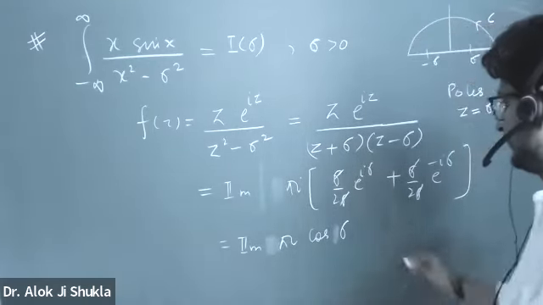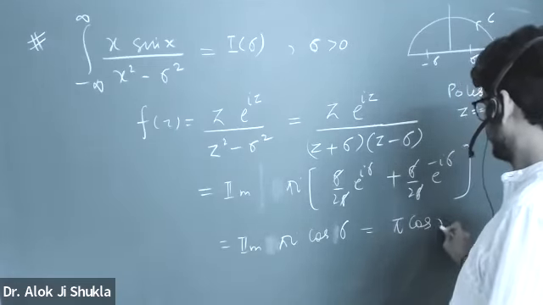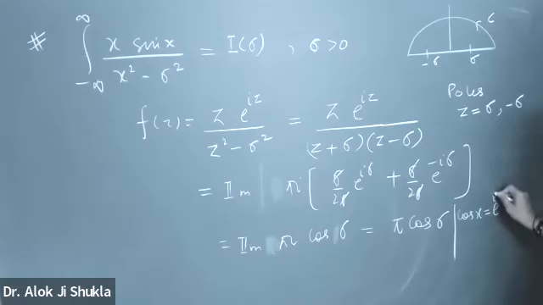So the answer will be pi cos sigma. So this is the scattering intensity. I have used here cos of x is equal to e to the power iota x plus e to the power minus iota x over 2.